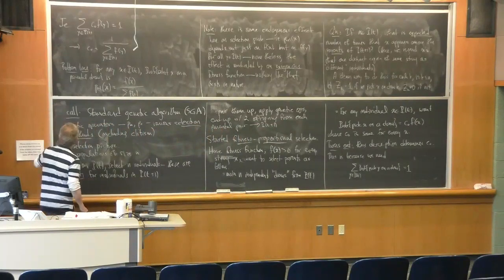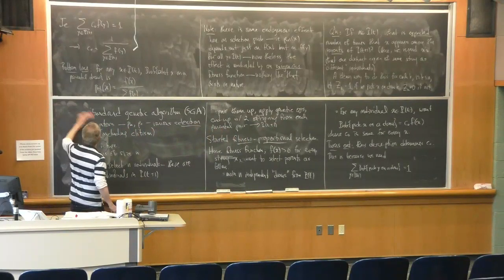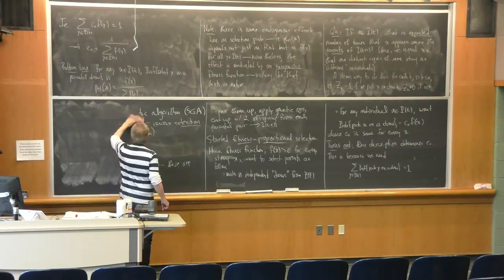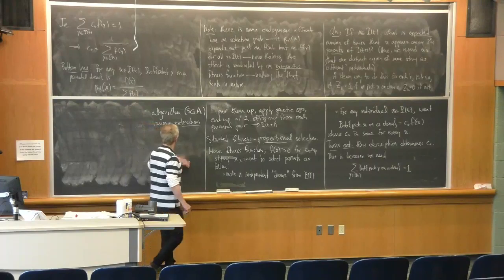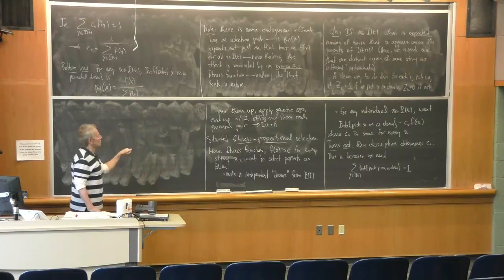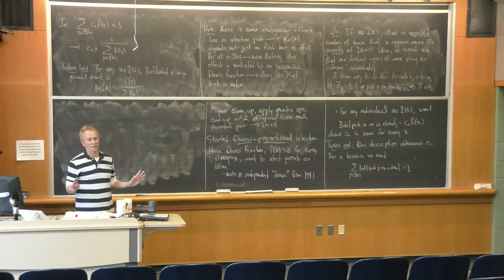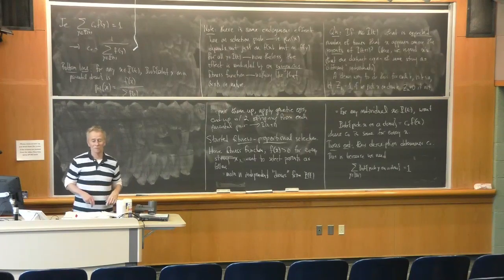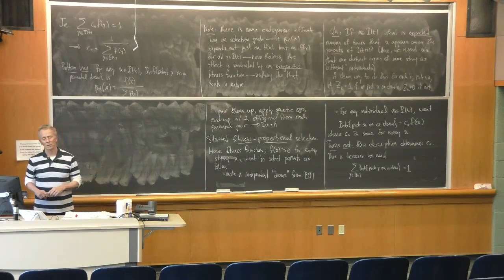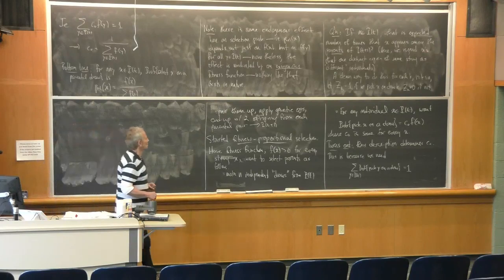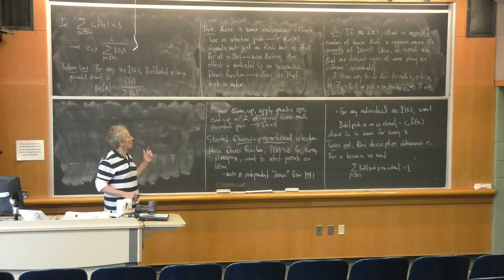Okay. What is the expected value of Zk? Zk is a 0, 1 variable, and those of you who took probability last semester remember this as what's called a Bernoulli random variable.